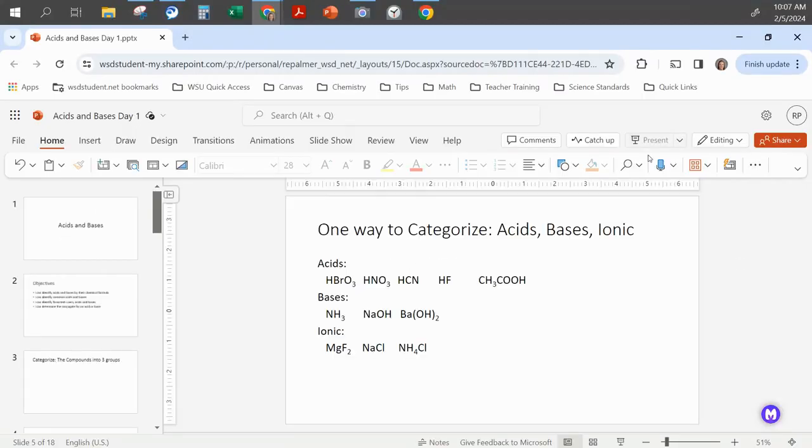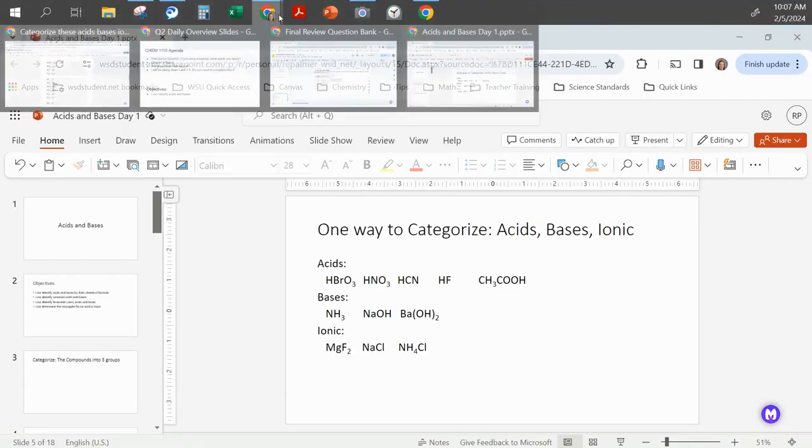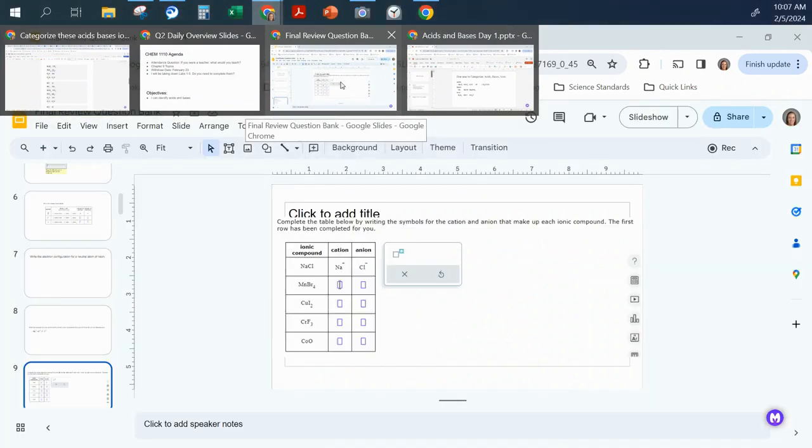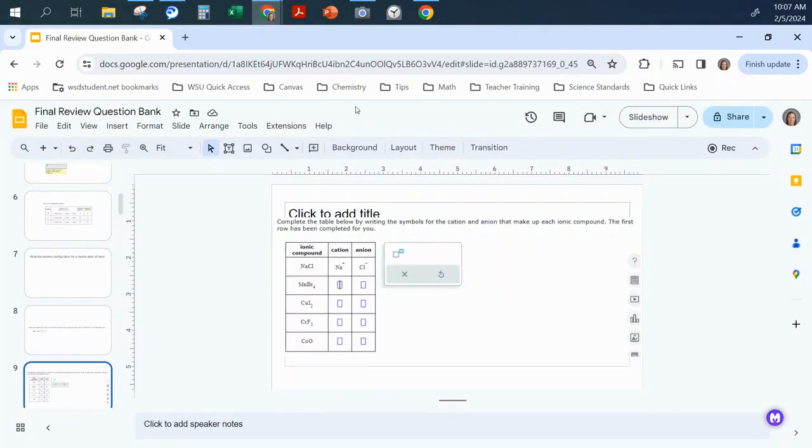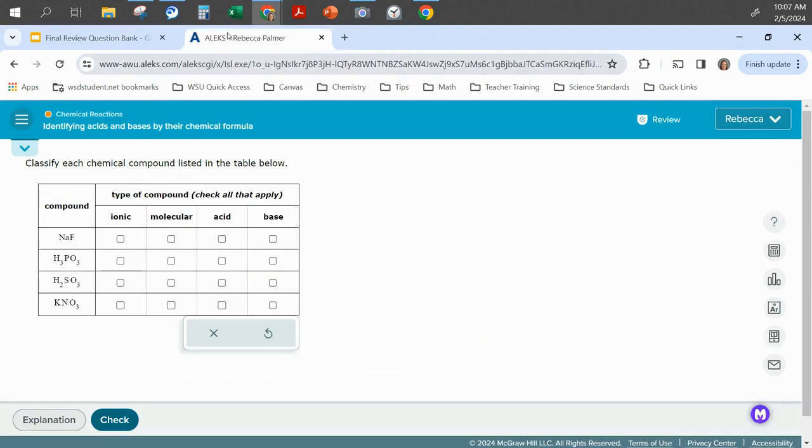All right, so let's go to the ALEKS topic that is most like this question. The first ALEKS topic we're going to go over is this one. It is classify each chemical compound listed in the table below.